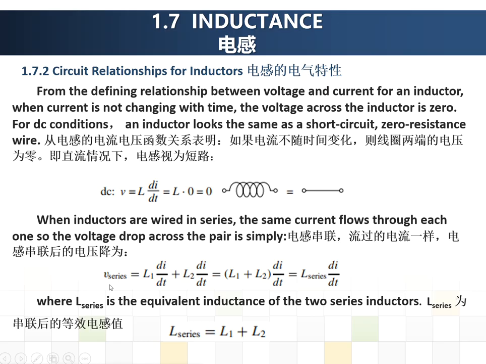So when two inductors are wired in series, the voltage is equal to L series multiplied by di/dt. So L series is therefore equal to L1 plus L2, which is the equivalent inductance of the two series inductors.